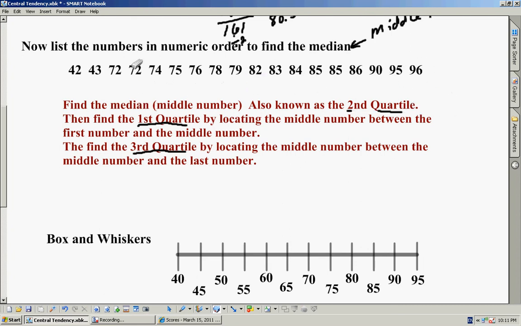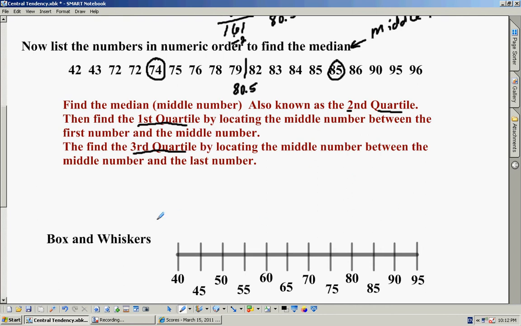I believe that 74 is our first quartile, the middle was 80.5, and 85 is our third.